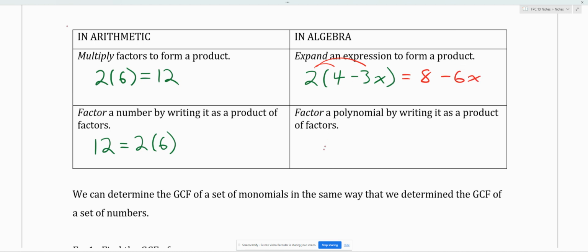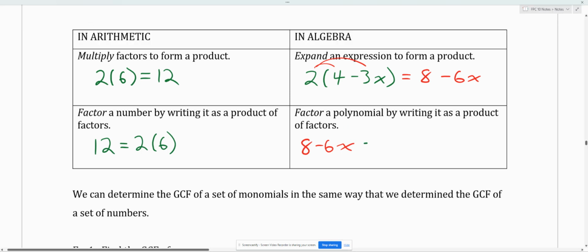And now we're going to learn, how can I reverse this process? How can I go basically from red to green? So if I had 8 minus 6x as my polynomial, how could I factor it to get back to these two factors, the 2 multiplying the other factor, which was 4 minus 3x? How could we do that?